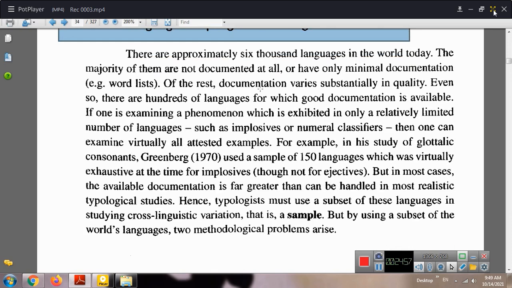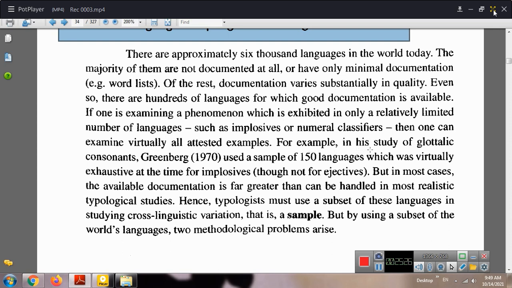Of the rest, documentation varies substantially in quality, even though there are hundreds of languages for which good documentation is available. If one is examining a phenomenon which is exhibited in only a relatively limited number of languages, such as implosives or numeral classifiers, then one can examine virtually all attested examples.